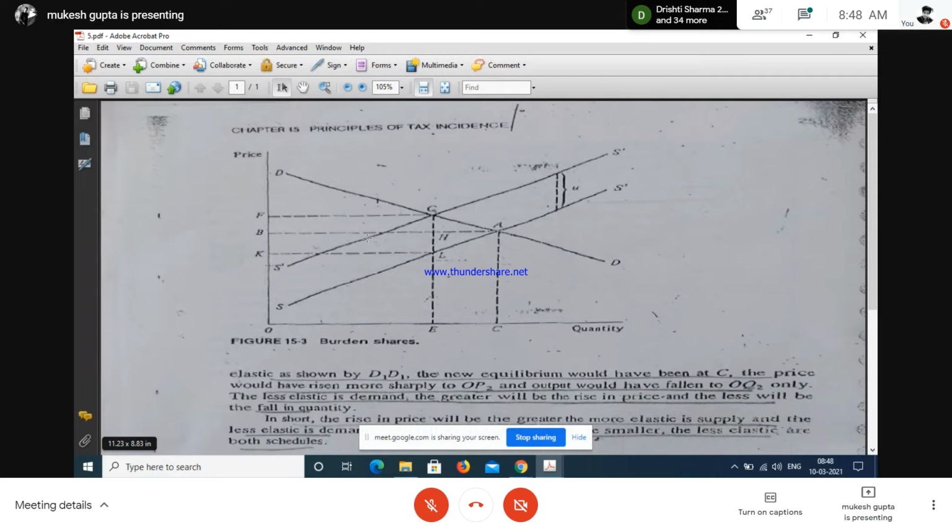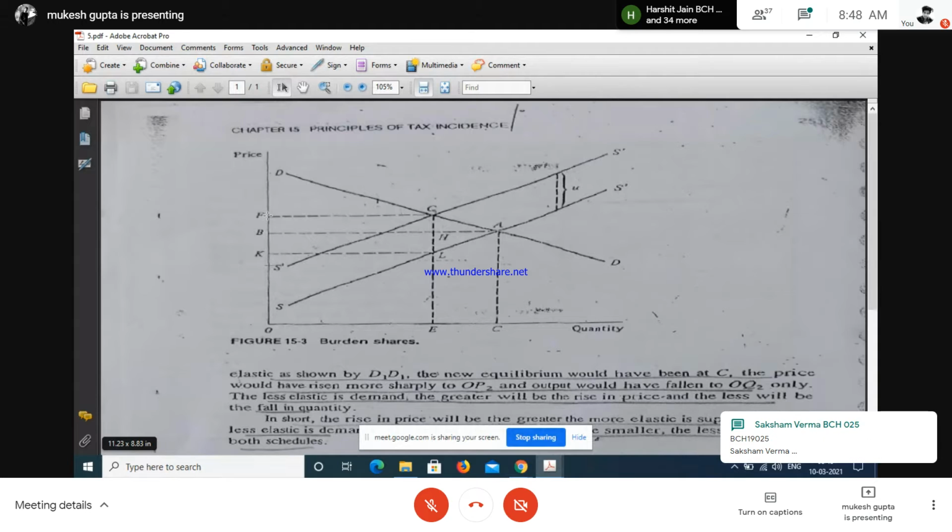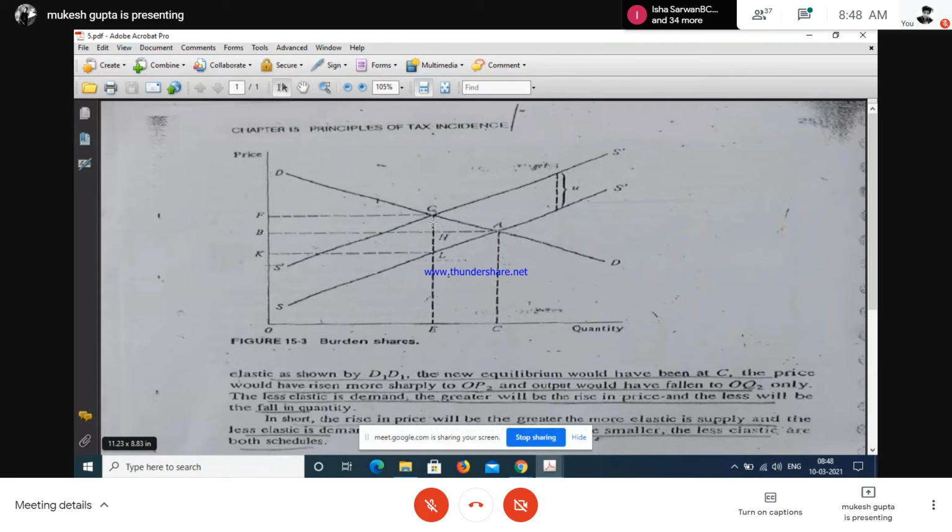So ultimately, earlier the buyer was paying OB and the seller was receiving OB. But after the imposition of tax, the buyer is paying OF. That is the burden shared by the buyer, GH, out of this tax. The buyer is paying OF, that is GE, and out of this, the part GL goes to the government as tax, and the seller is ultimately receiving OK.